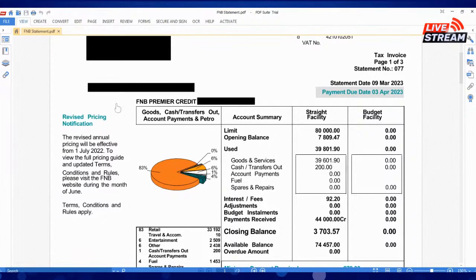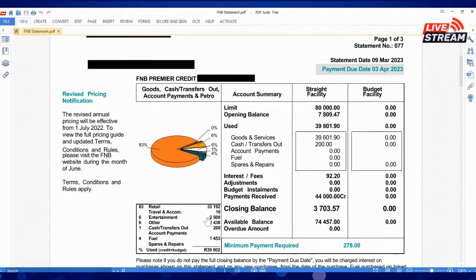So normally, what would happen is you would see a graph. Now, this graph is not the alpha and the omega of everything. I see a lot of maintenance officers actually depend heavily on what is written here in order to make an informed decision. And it's not an informed decision, because this only speaks to the linking of the credit providers or the service providers to where you make the payment.